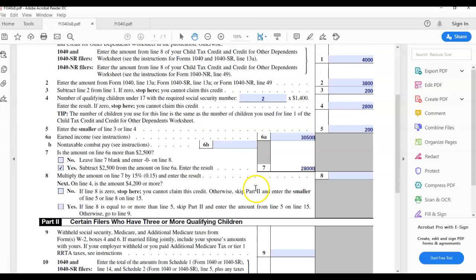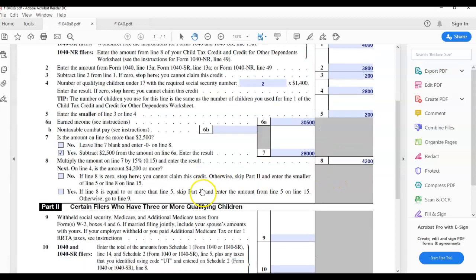And then the next one says multiply the amount on line 7 by 15% and enter the result. So 15% of that will be 4,200. And it asks, is the amount on line 4 $4,200 or more? Yes.